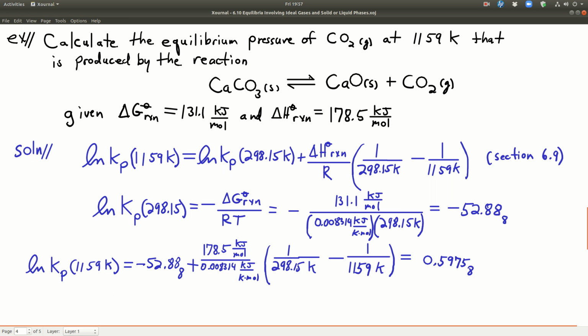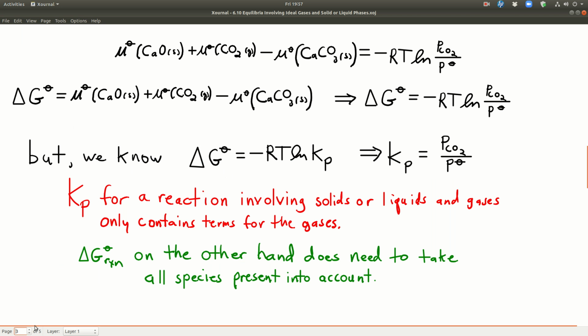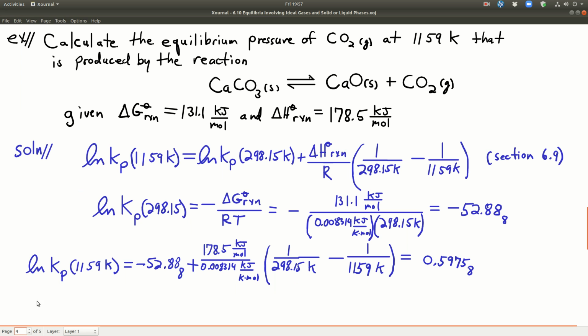To do that, we're just going to use that equation that we just saw. Because we know delta G, we plug in delta G over RT, and get ln of Kp, which, please check my math, I got as negative 52.888.